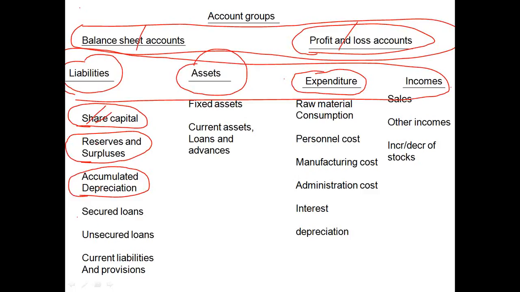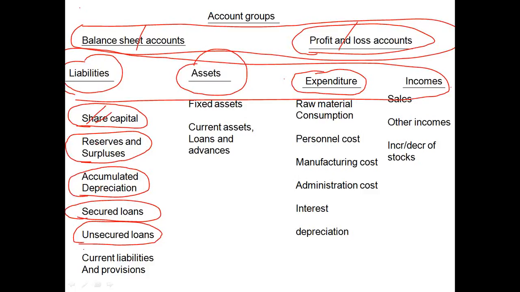Then secured loans, term loans, debentures, etc. All the secured loans related accounts are created under the secured loans. Then unsecured loans: loans from the relatives of the directors, loans from the directors, loans from the friends of the directors, meaning all the loans which are not secured by any assets of the company are created under the unsecured loans.